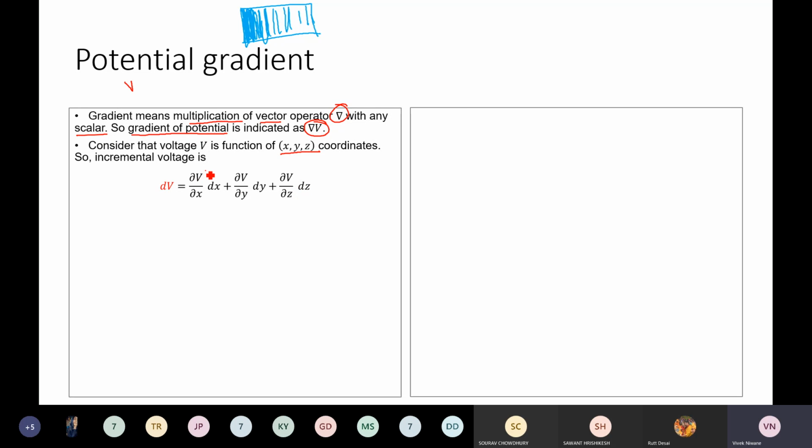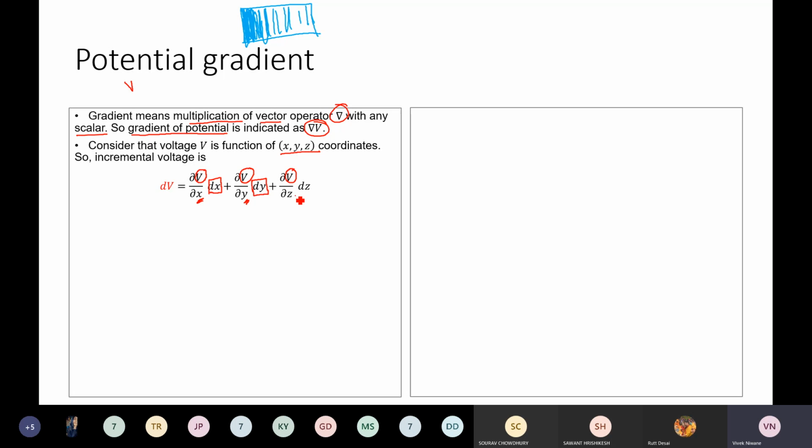Meaning, your voltage potential is going to vary with respect to x if we move by a distance of dx. Listen carefully, your potential V is going to vary with respect to y if we travel in the y direction by an amount dy.